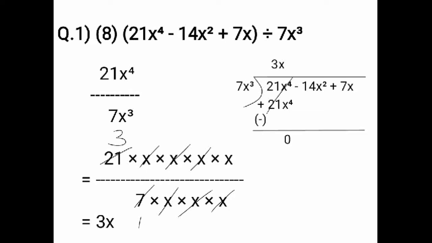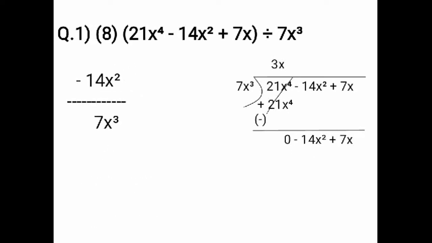Minus 14x square plus 7x, both the term you have to bring it down. I'll tell you why. Minus 14x square plus 7x, both number is not divisible by 7x cube. Why the polynomial minus 14x square is not divisible by 7x cube?